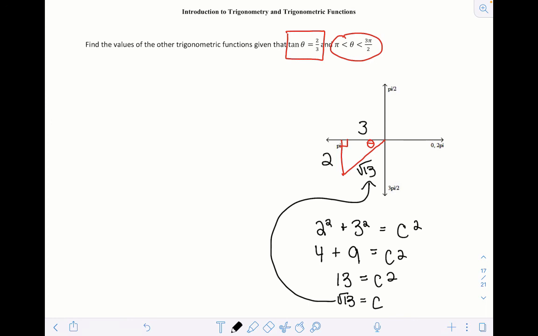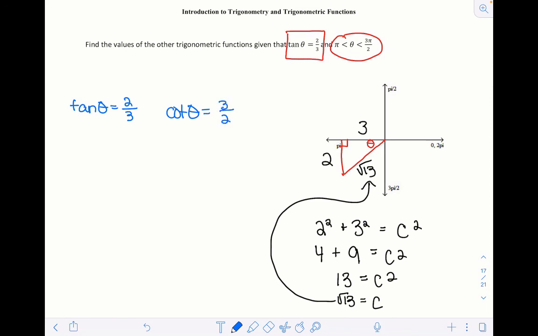Now I just need to use the definitions of the other trig functions and write down all the values. I'm going to start with tangent again, even though we already have it. And then cotangent, again, we could have found it without finding any of those extra values. We just have to write the reciprocal.